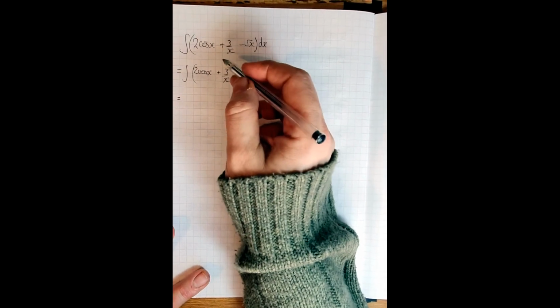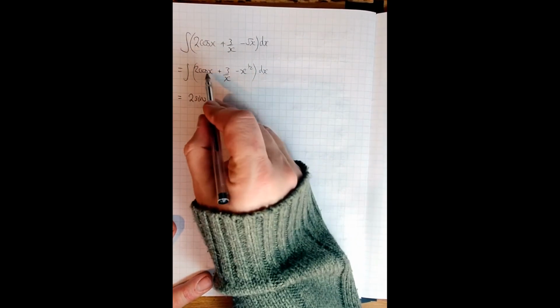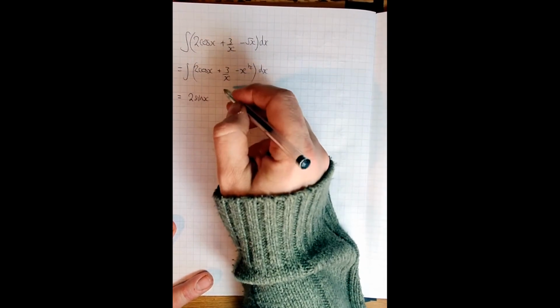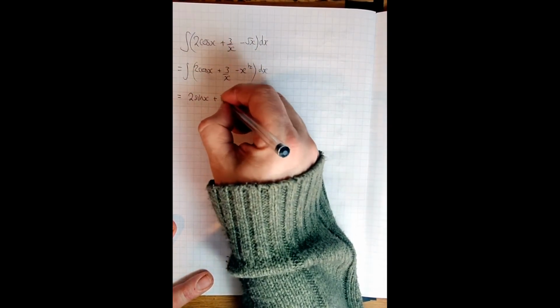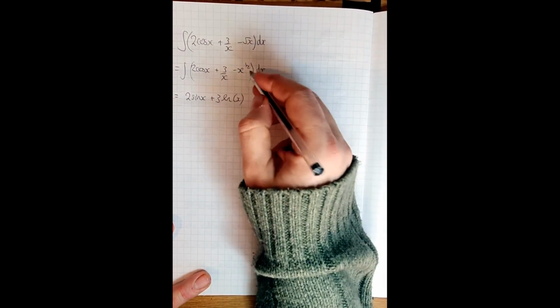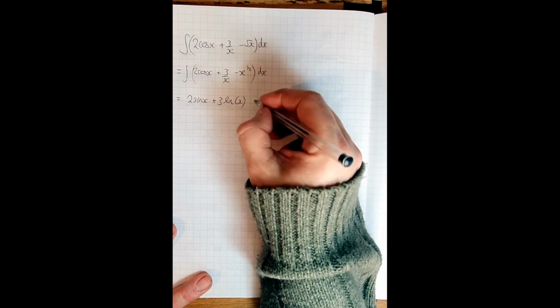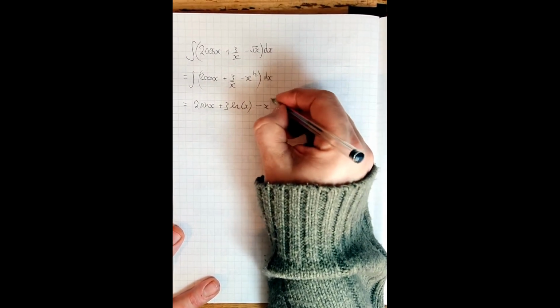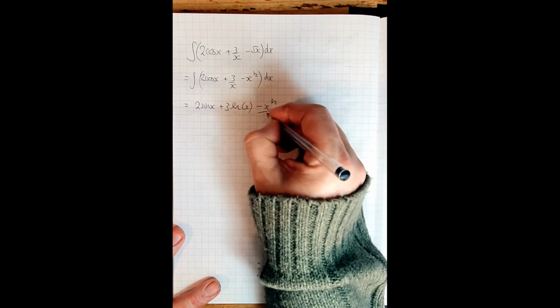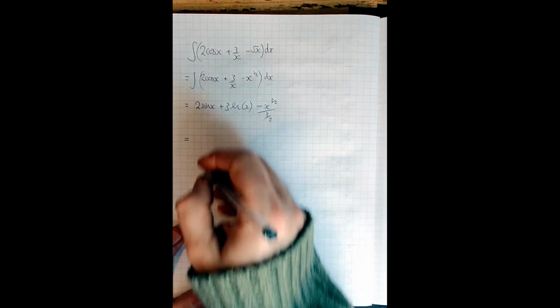Sine differentiates to cos, so cos integrates to sine, so 2 sine x. There's no chain rule here because there's just a 1 there. 1 over x integrates to log x, so 3 ln x, and then increase the power, divide by the new power, so minus x to the 3 over 2 over 3 over 2. Remember, I don't need the plus c till I give my simplified answer.